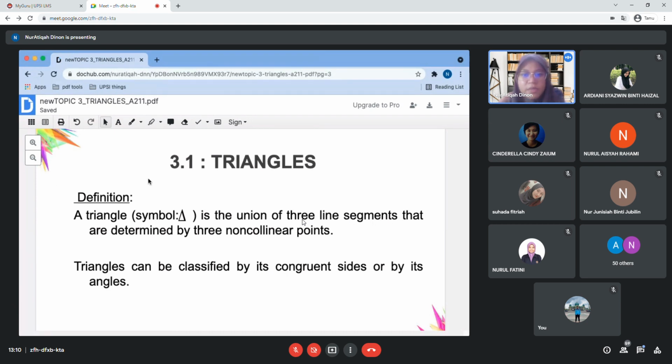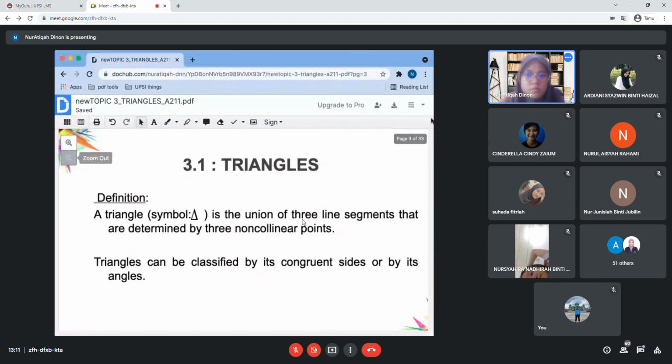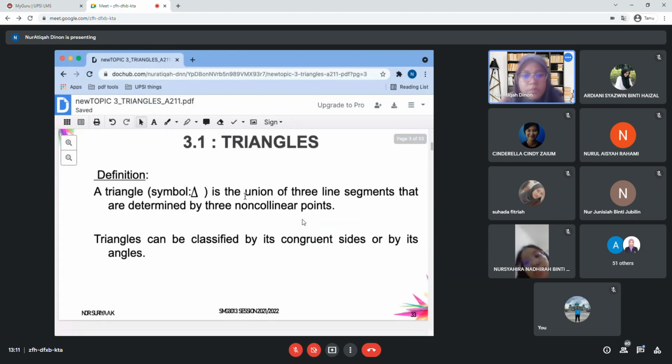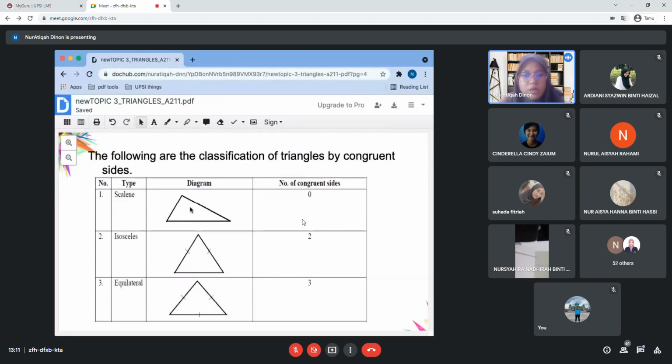So basically this slide is about the definition. We know the symbol that we use is the triangle shape itself. And then these are some types of triangles with the number of congruent signs stated.